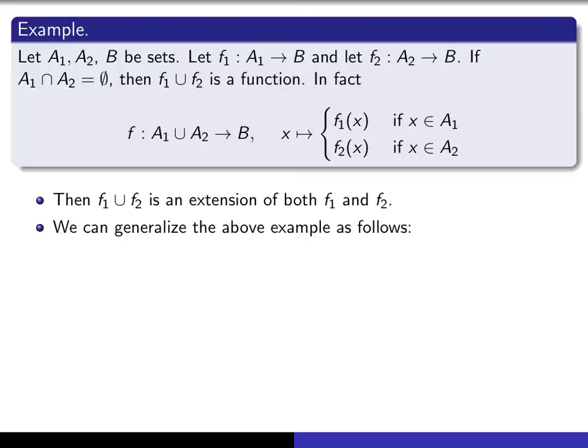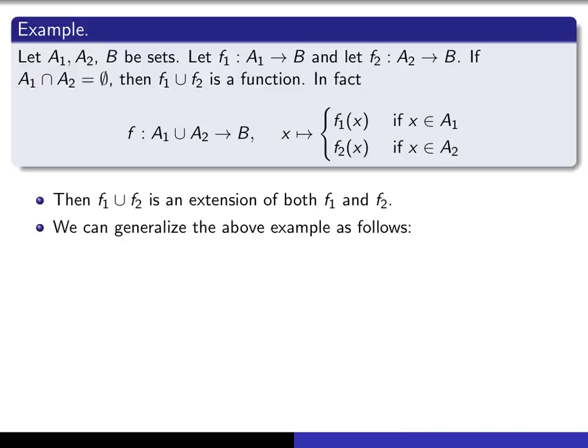For example, if we had three such sets, if we knew that any two of them were disjoint, then we could create a new function from the union of those three sets by mapping x to F1 of x if x is in A1, x to F2 of x if x is in A2, and x to F3 of x if x is in A3. So we can do that for any number of functions, assuming that the domains are pairwise disjoint.